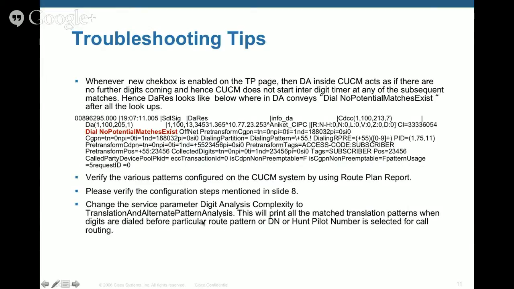So if you want to see the alternate nearby translation patterns, then change the service parameter to complexity. This is the service parameter, which is translation and alternate pattern analysis, which will let Call Manager print all the other available translation and alternate patterns for the dialed number.